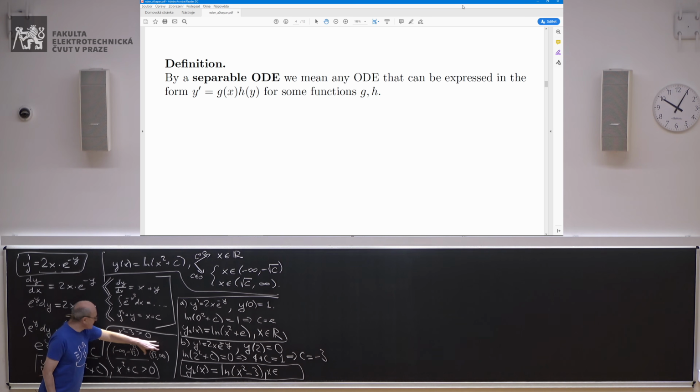Which one should I take? That's a good question. And the answer is, well, let's have a look at the interpretation. The solution is some function which exists on this interval. There is one solution here. And on this interval, there is some other solution here. In fact, there are infinitely many solutions because there is the c here, so I can, just for a second, imagine that I have really, really many of them, and some of them exist on the whole real line.